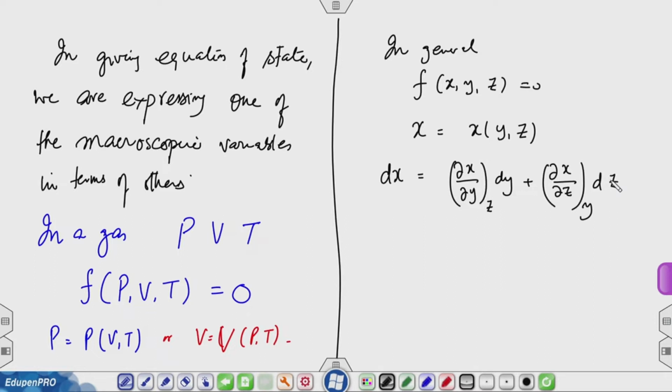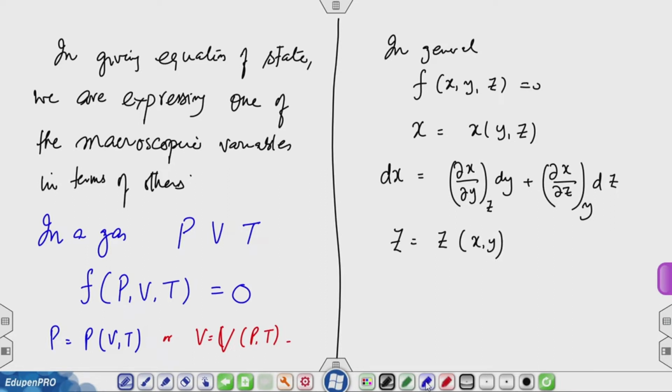Now, I may want to expand this, taking z as a function of x and y.